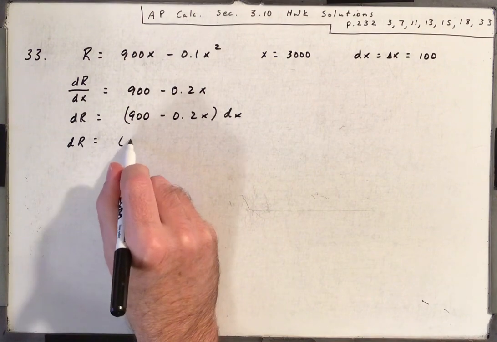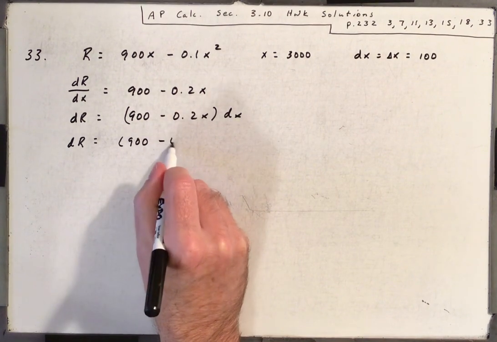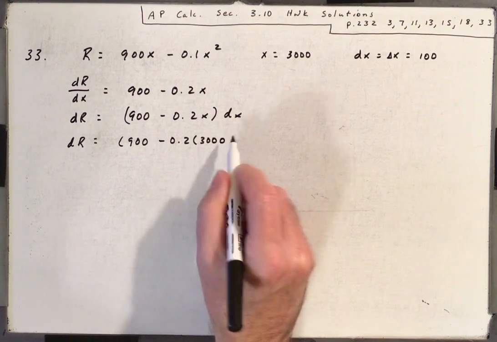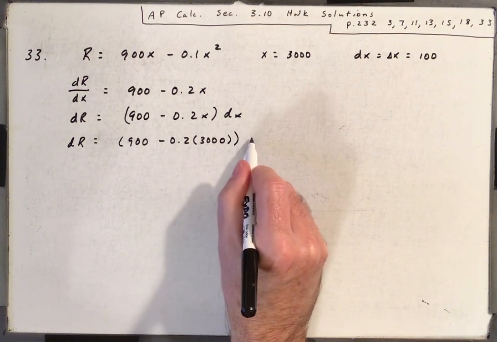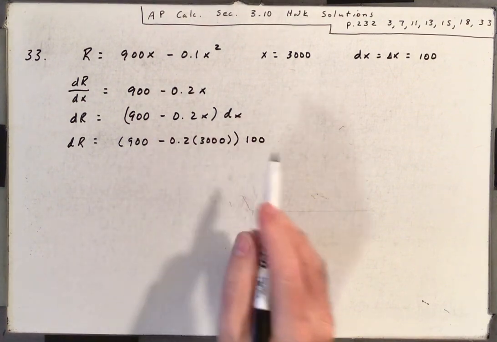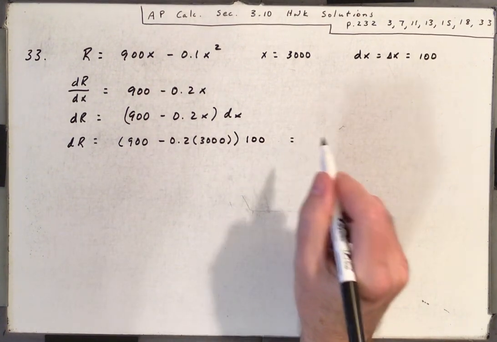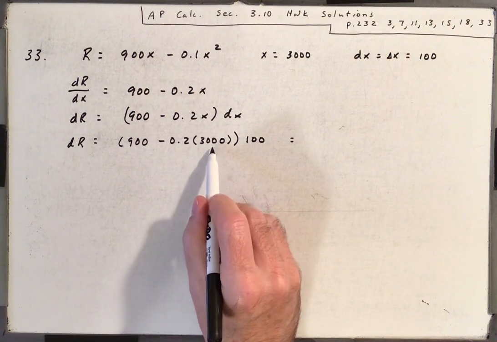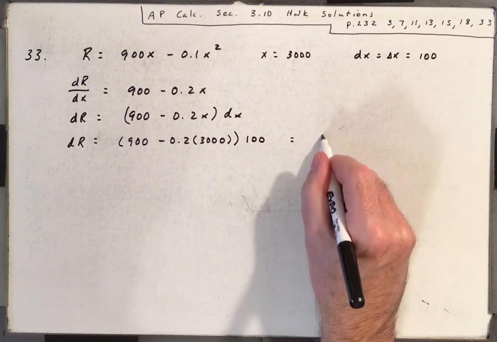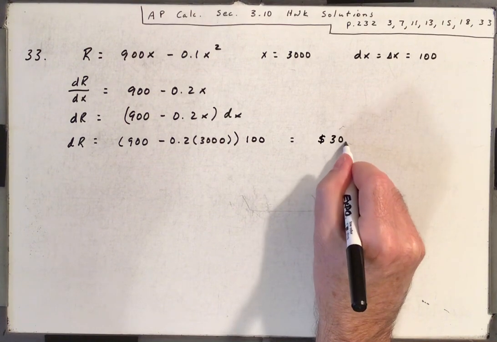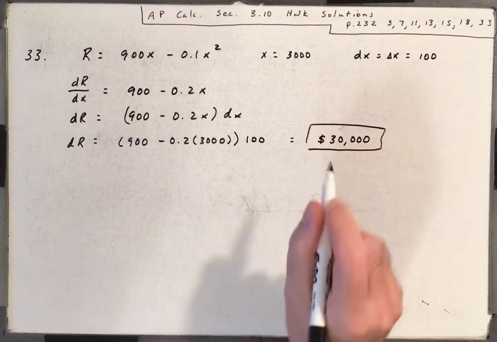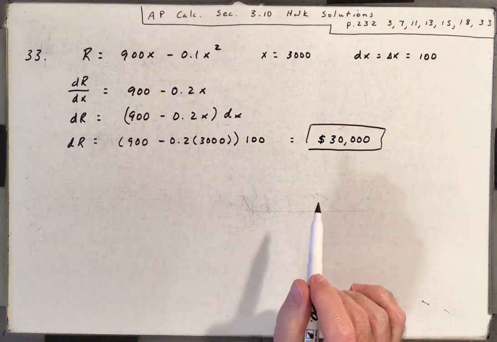That would be 900 minus 0.2 times 3,000, excuse me, sorry, times 100. So I'm just plugging in right here. Now we use the original x here, not the 3,100. Okay, so when you plug that in your calculator, you get $30,000. So that's the answer. That's what the book is asking for.